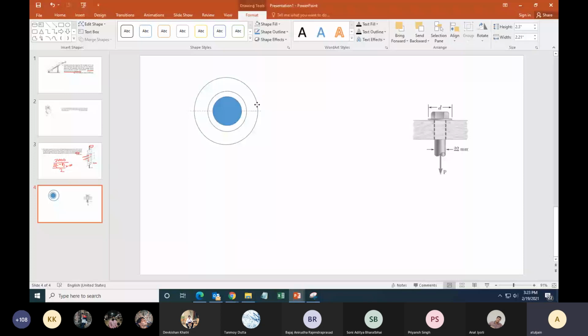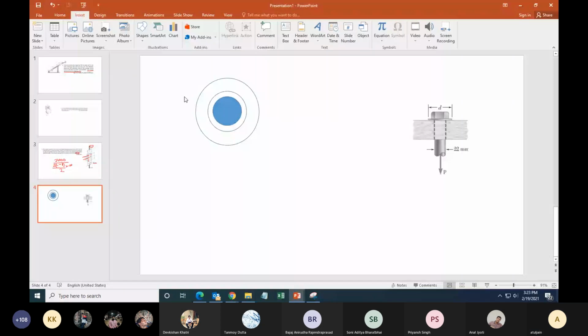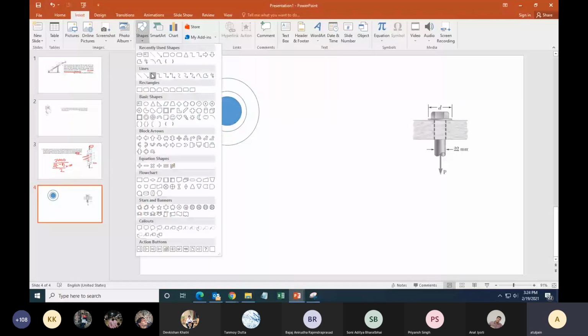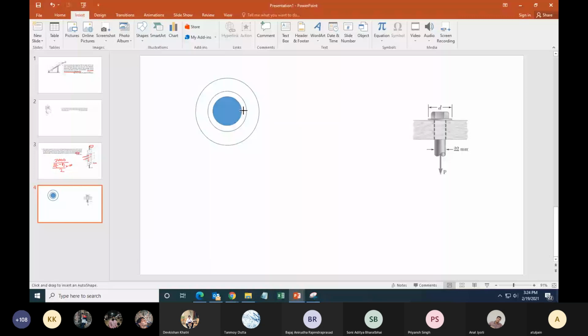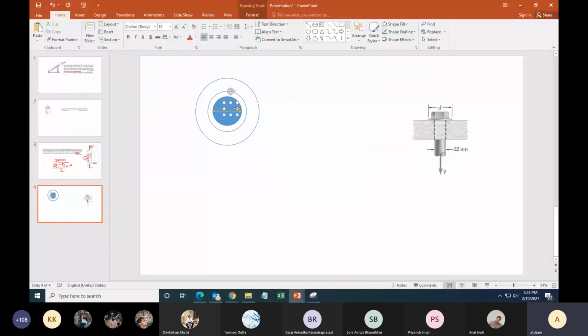So from the top, it looks something like this. I'm drawing not to scale, but something like this. And then this is given to be 22, is it? This is 22 millimeters.